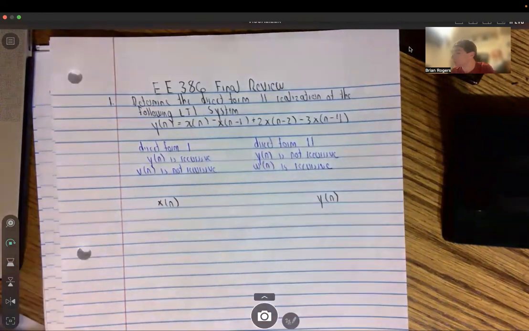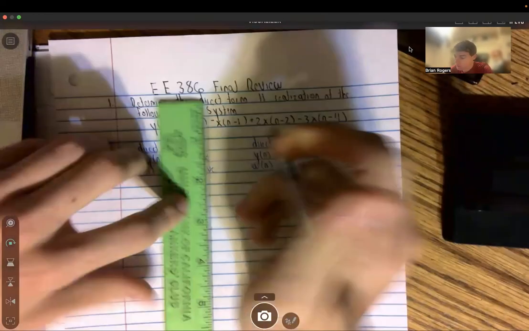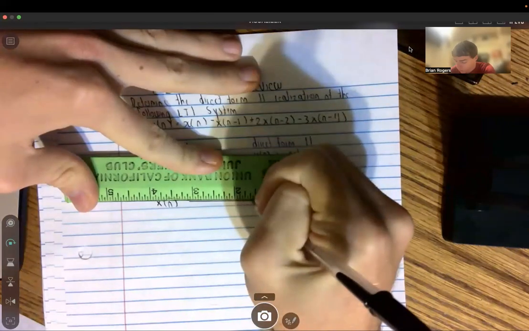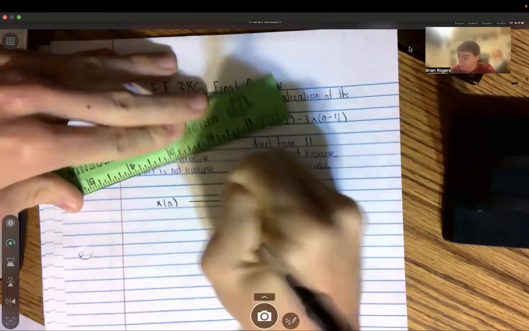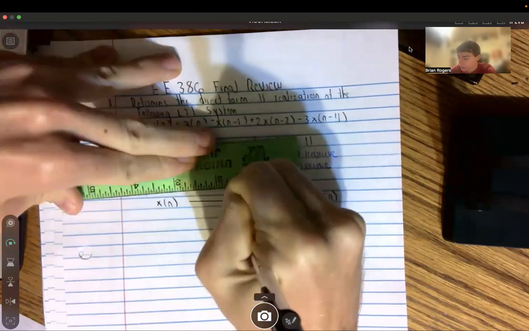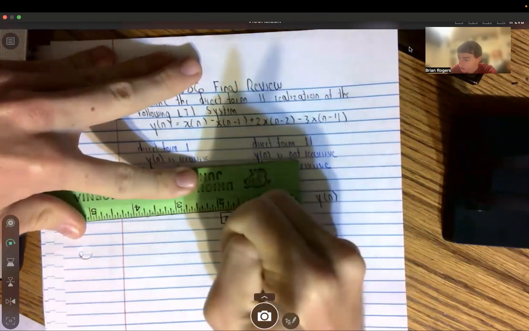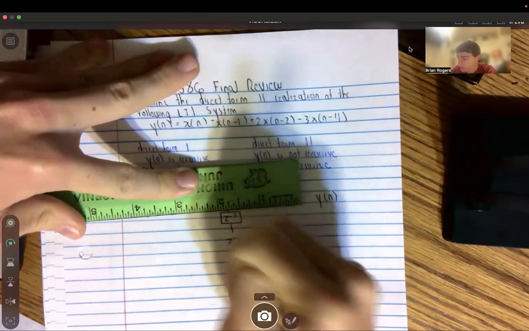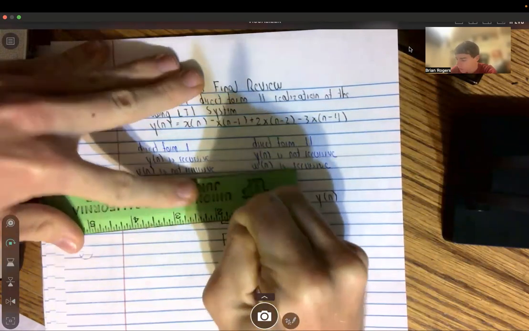And so you're going to see that when we do the drawing of this signal flow, we're going to have delays, because we'll notice that x of n minus 1, x of n minus 2, x of n minus 4. So we have to have 4 delays for a total of 4 of these right here.